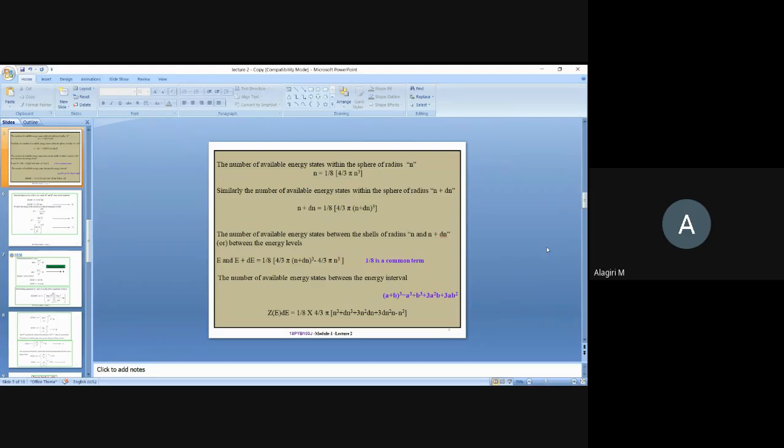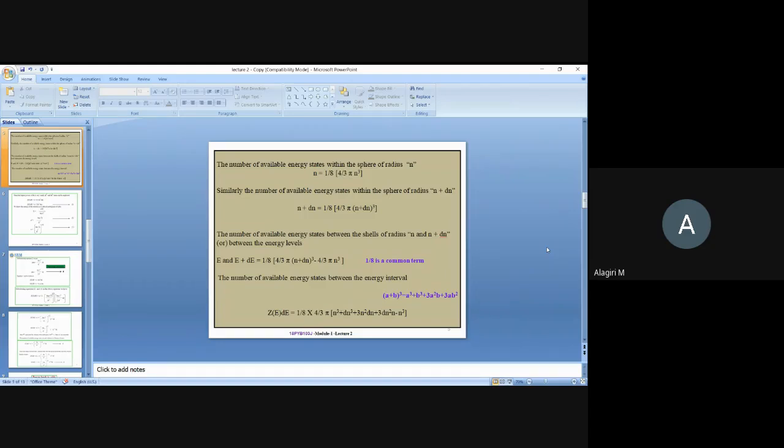In order to calculate the difference between the two levels, we are subtracting n plus dn minus n. In terms of energy, we can write the equation for E and E plus dE as 1 by 8 into 4 by 3 pi into n plus dn whole cube minus 4 by 3 pi into n cube.